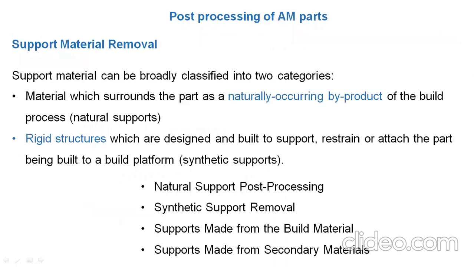Now we will discuss the first step, what exactly the support material process is. As I told you, I have already uploaded 2 videos. In your second video, I have discussed different types of additive manufacturing process. In this additive manufacturing process, it is carried out with the help of liquid photoresin or a solid type of method.